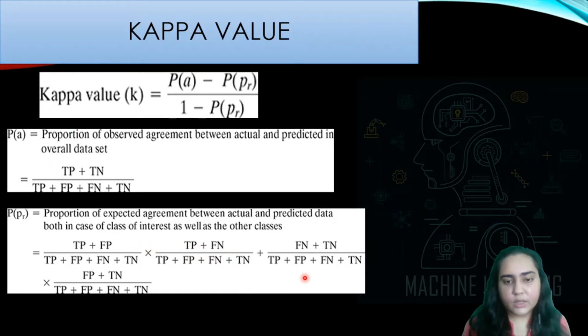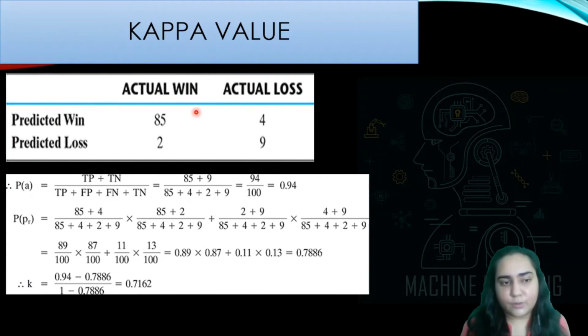And we've also added to this the multiplication of false negative plus true negative into false positive plus true negative. And all the denominators are simply the total number of values. So this is how you can calculate P of A and P of PR, which can be used in this formula to calculate the kappa value. So here is some calculation for the value of kappa. You can see P of A.